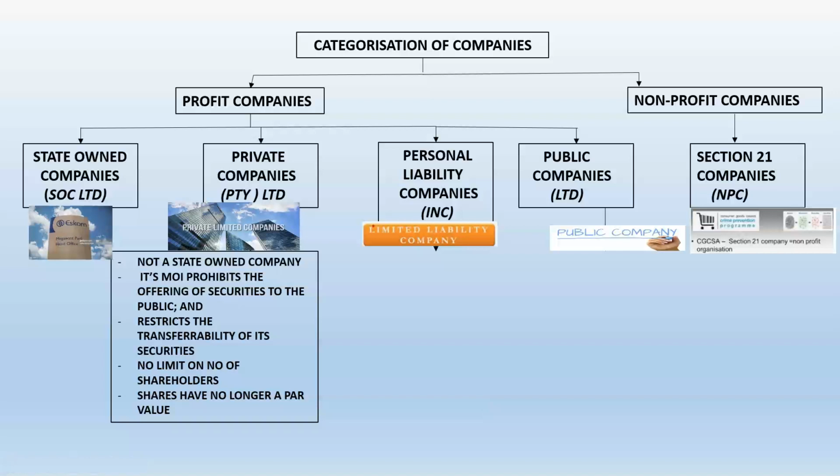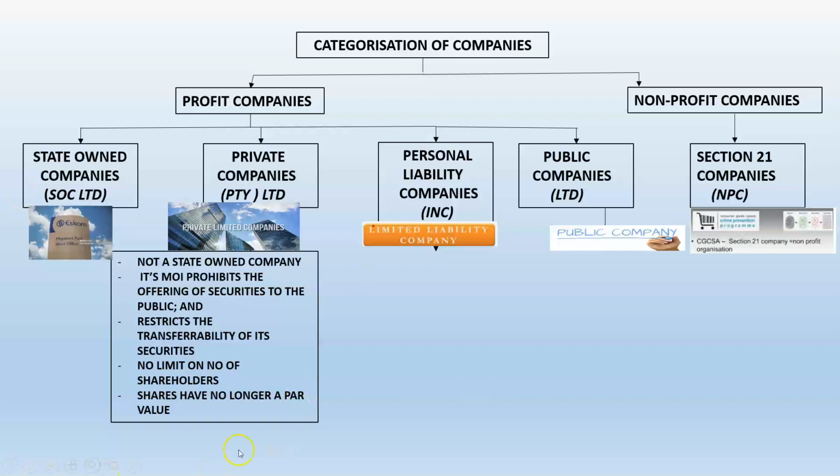So let's say that I have a share in a private company and I want to sell my share in the private company. I cannot just go along and sell my shares. No, I first have to get the permission of the other shareholders before I can actually sell my shares. And then they also have to approve the new shareholder that's going to take up my shareholding in that entity.